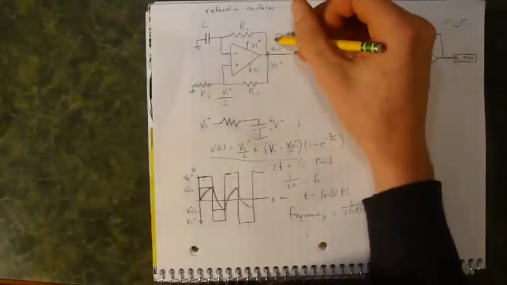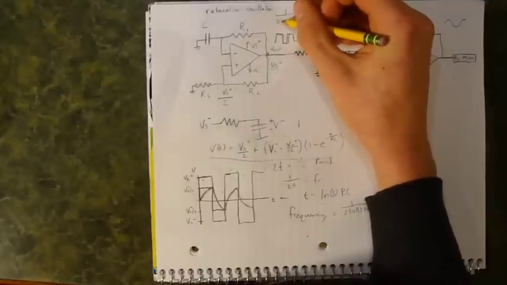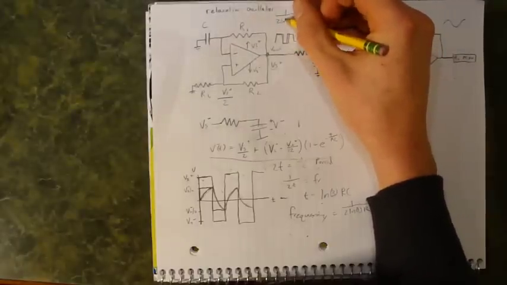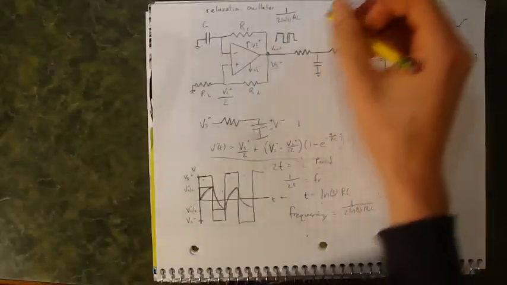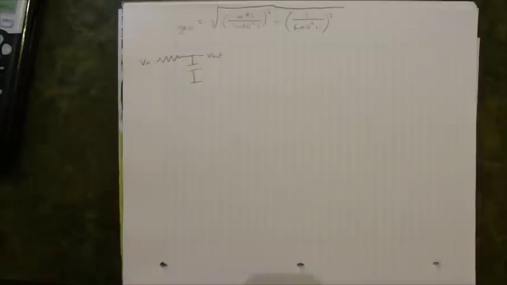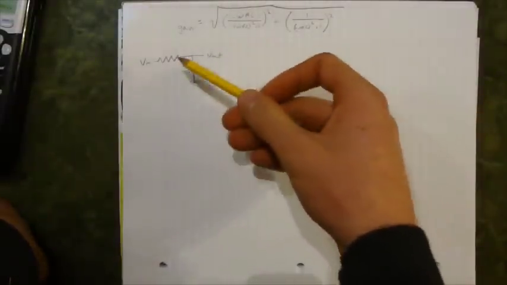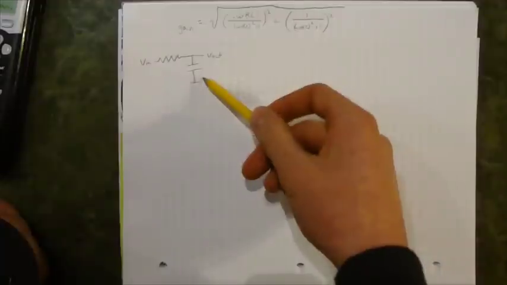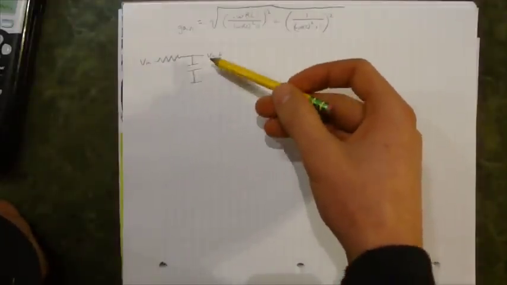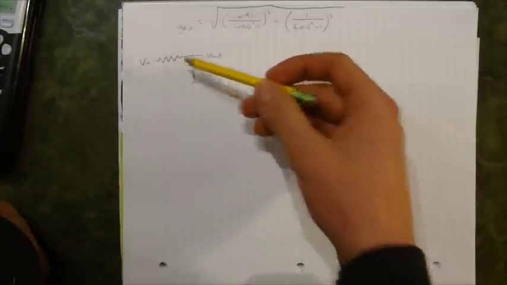So we'll be sending a square wave with the frequency 1 over 2 ln of 3 times RC, and we want to turn the square wave into a sine wave. This is the gain equation that we calculated earlier, and this equation is specific to this circuit, where the low pass filter is a resistor hooked up to a capacitor, and we're measuring the voltage across the capacitor divided by the input voltage.